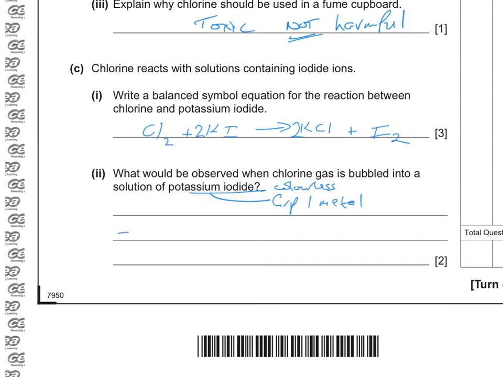So it's going to be colourless. 2, we'll think of what's formed in part 1. Iodine is produced. It doesn't dissolve that well in water, so when it's in solution, it's brown.